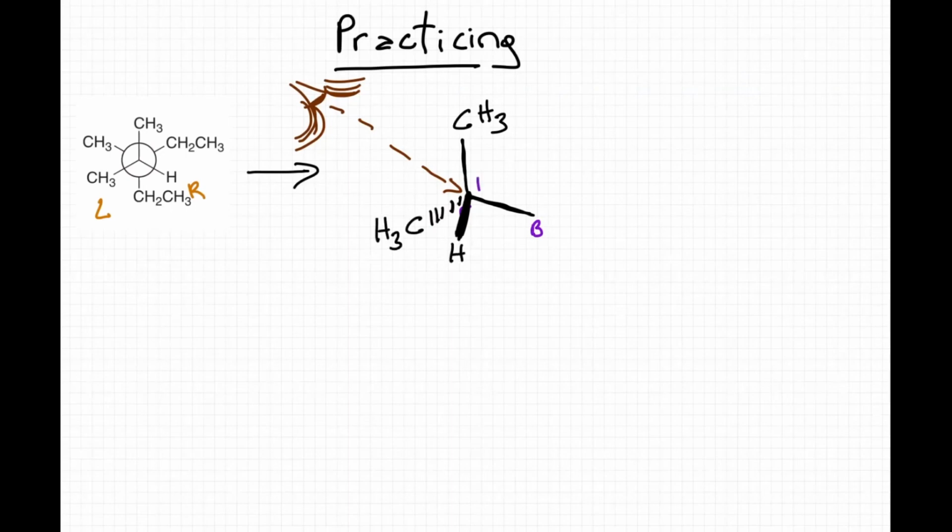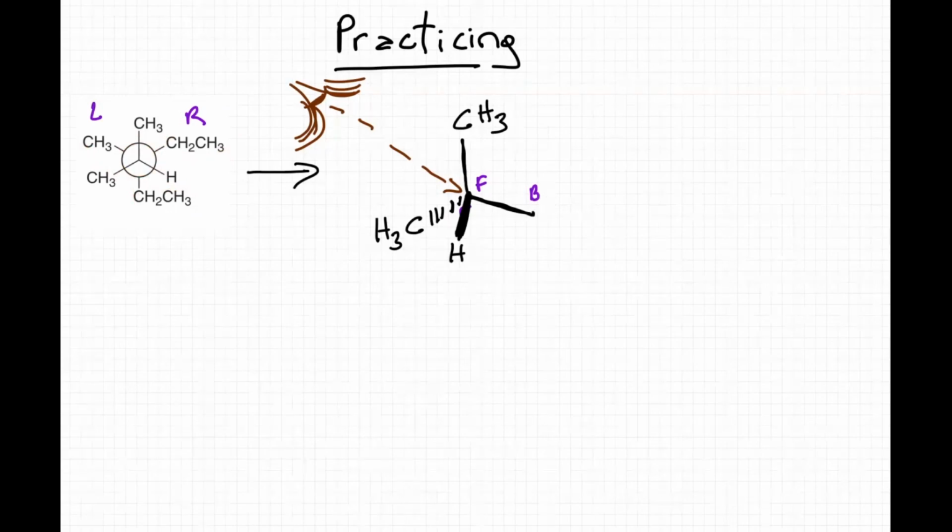Again, we can always write our font here. And for the back carbon, the circle, this one here. Again, according to the brown eye, the left side of the brown eye should be sticking into the page.